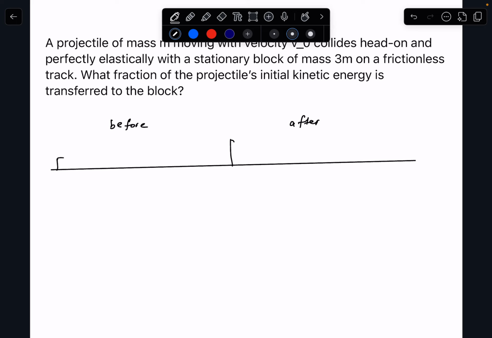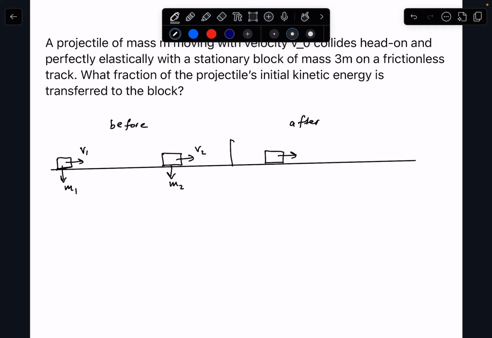First we have the body with velocity v1, and we also have v2, and the masses are different, m1 and m2. If the masses are the same, then it's not a problem, but if the masses are different, it will be a little bit difficult.